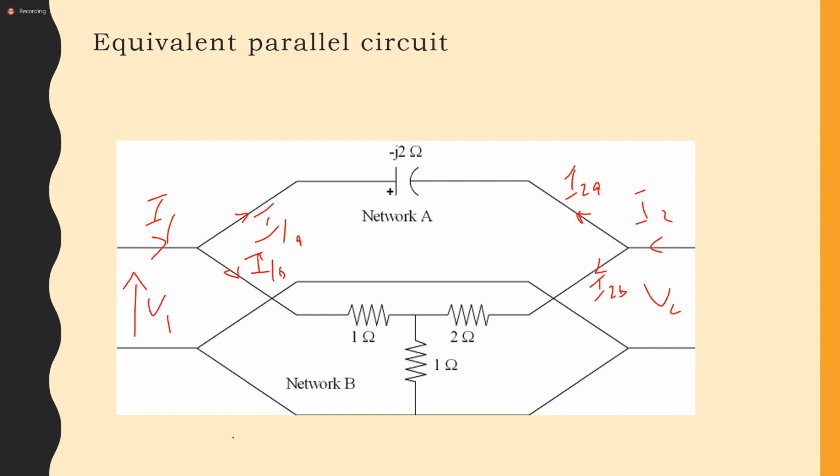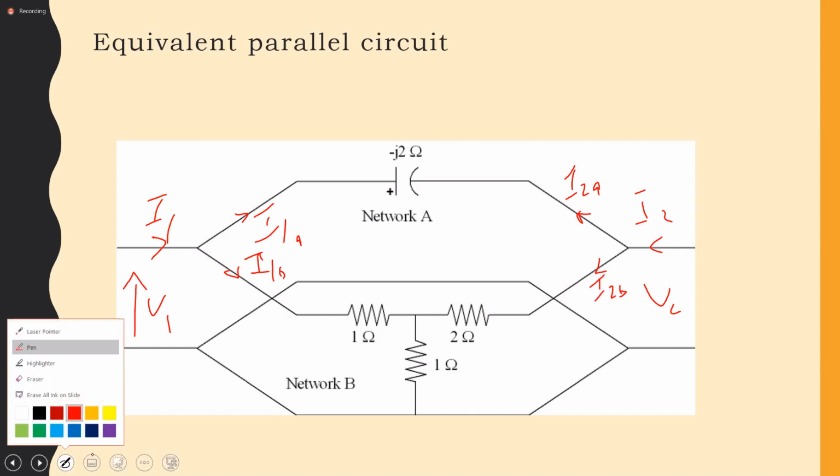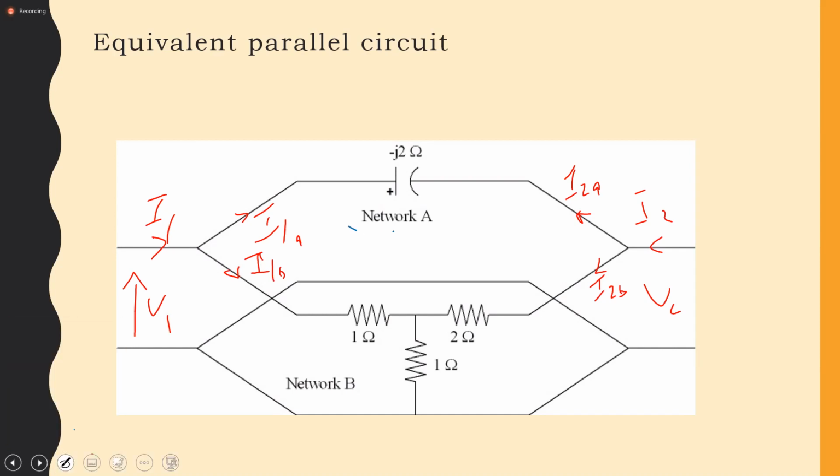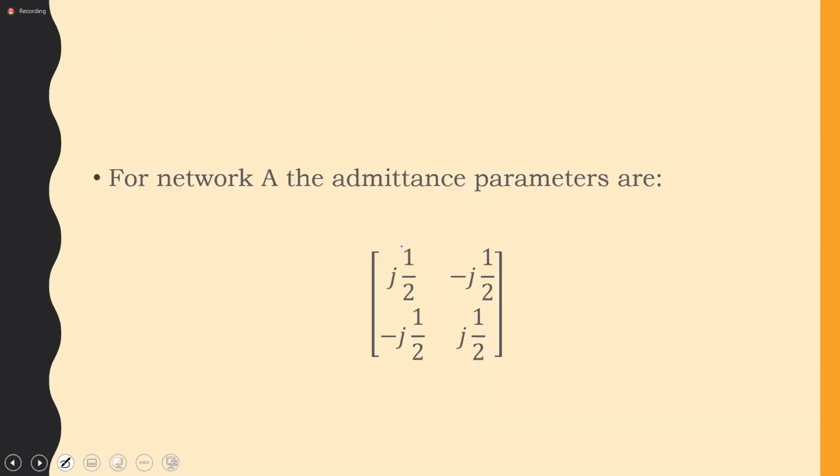So I want you to go ahead and, just using this as a network, right? So just using this as a network, let's find the admittance parameters for me. Then again, in the interest of time, I'll just give it to you. So for network A, that will be the admittance parameters.